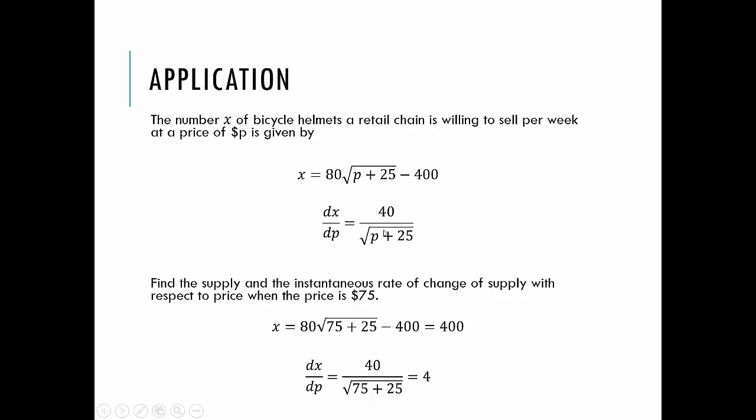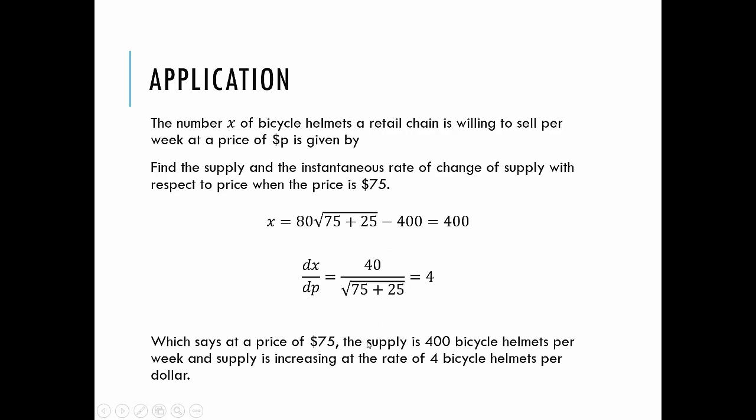And then I plug the price 75 into my derivative, and I get this rate, which is 4. And this says at a price of $75, the supply is 400 bicycle helmets per week, and supply is increasing at the rate of 4 bicycle helmets per $1.